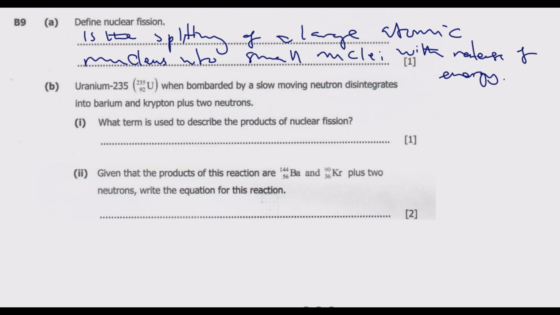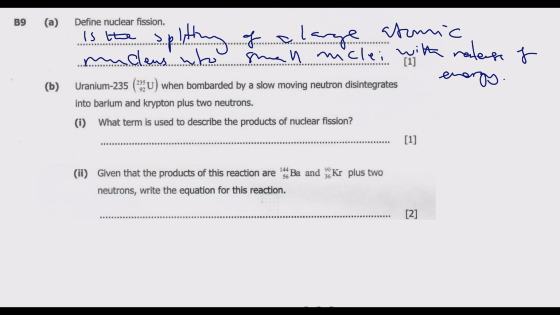That is what we call nuclear fission. So the splitting. Then nuclear fusion is the coming together. We bring two small nuclei together to form a large nucleus. That's fusion. Then fission is a splitting.